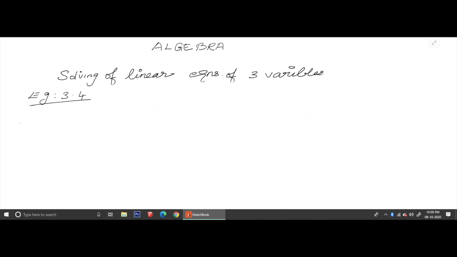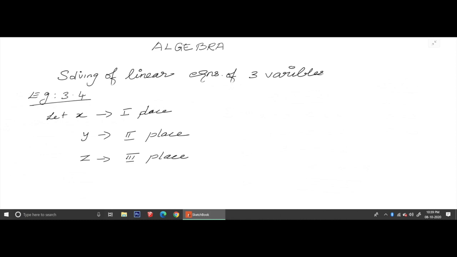So here, let's consider x to be first place, right? Then your y to be second place, then your z to be the third place. Okay. Now how do you frame the equation?